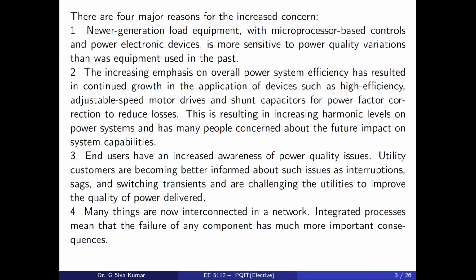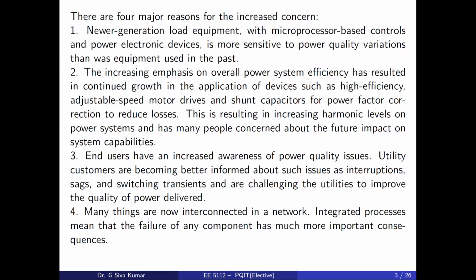But coming to the third point, the end users have an increased awareness of power quality issues. But in India, people are not aware of this kind of power quality issues, especially the commercial consumers.